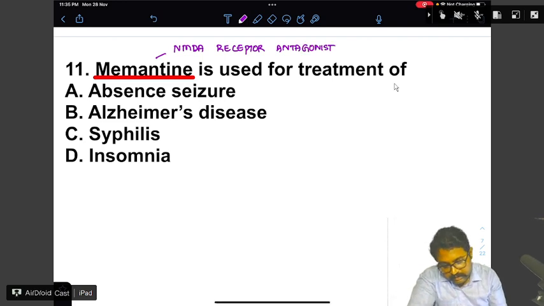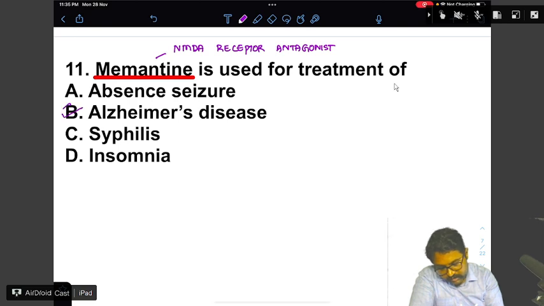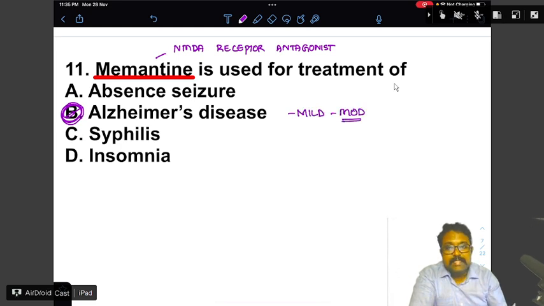So memantine is used in the treatment of Alzheimer's disease. Please remember, treatment of Alzheimer's disease. They are used in the treatment of mild to moderate Alzheimer's disease.